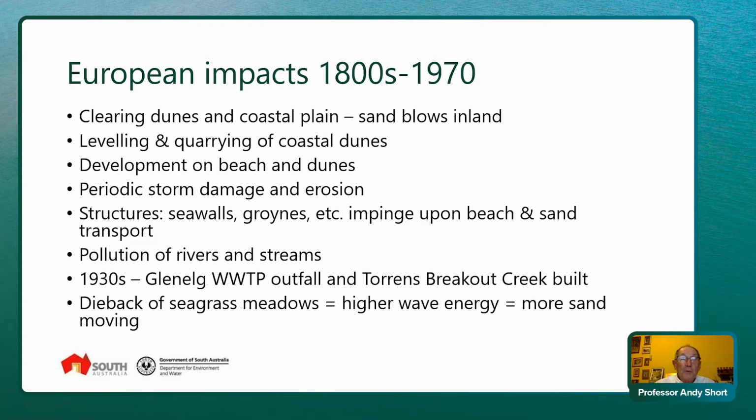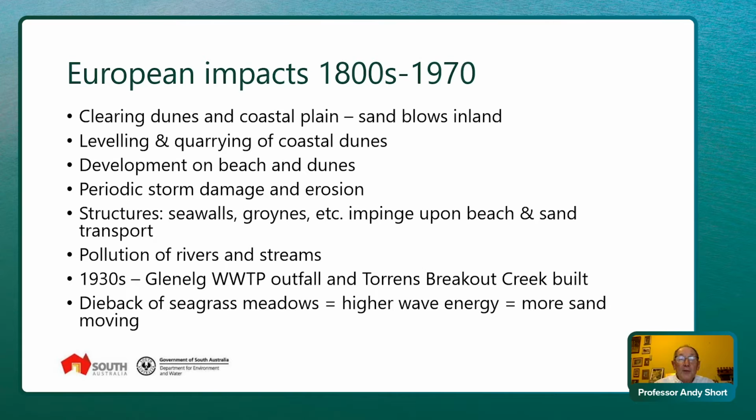There was development right on the beaches and on the former dunes, too close to the beaches. And these suffered periodic storm damage and erosion. As a result, a range of structures were built, seawalls, groynes, breakwaters, and so on. And these further impinged upon the beach and sand transport, further exacerbating the problem rather than solving it.